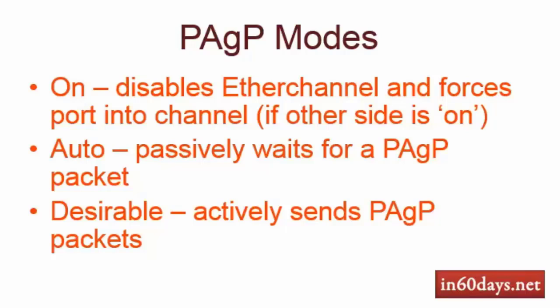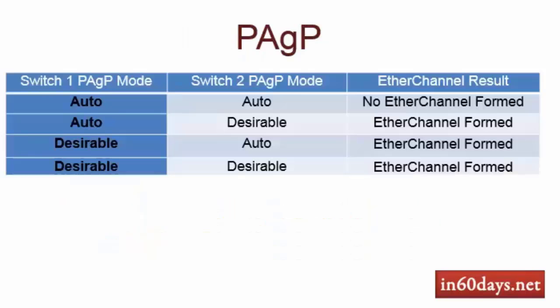If both sides are in passive mode, whichever the configuration command is, then you won't have a channel come up. So here's a table that you need to basically memorize, but it's just summarizing what I've said. You must have at least one side in desirable mode for the channel to come up.